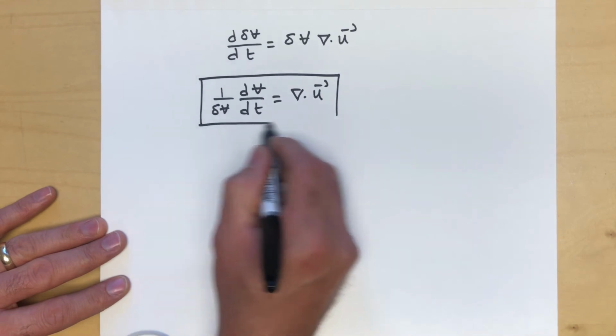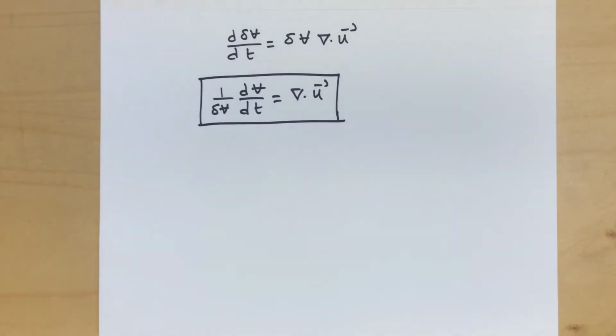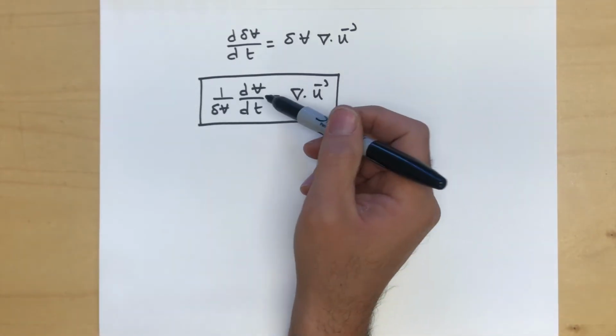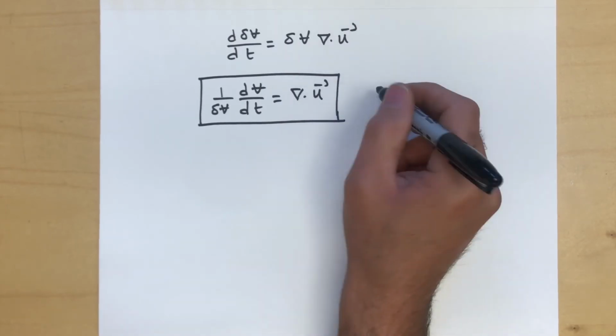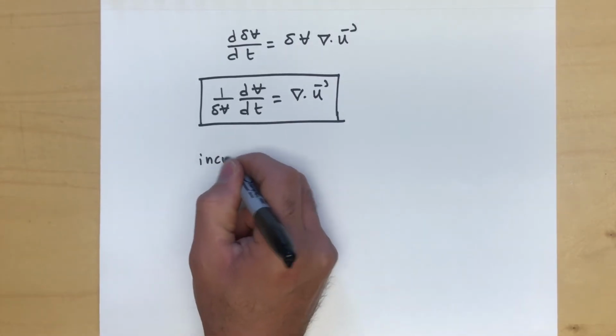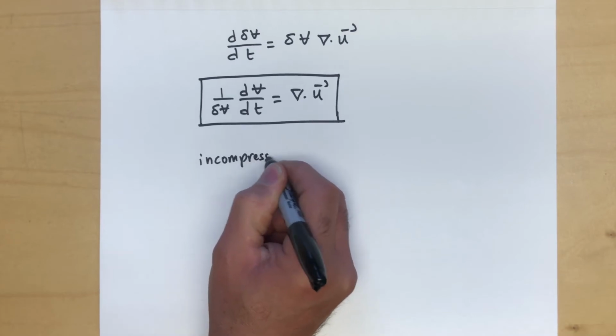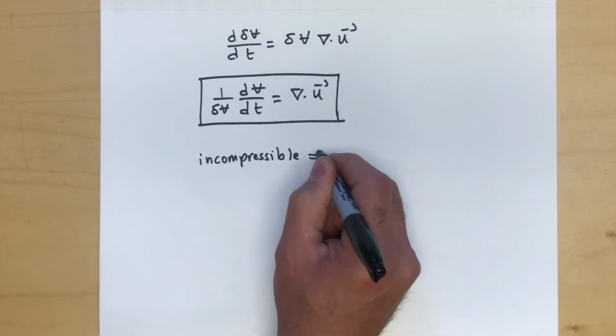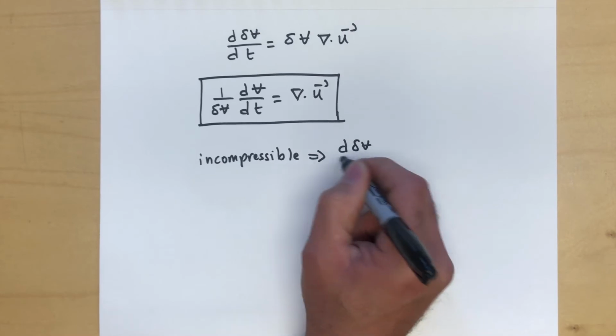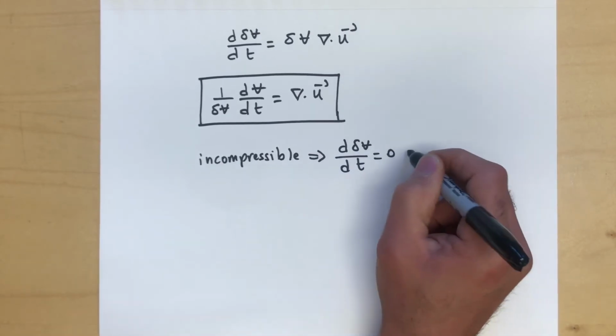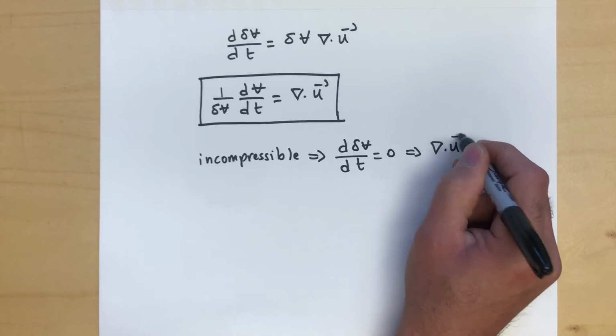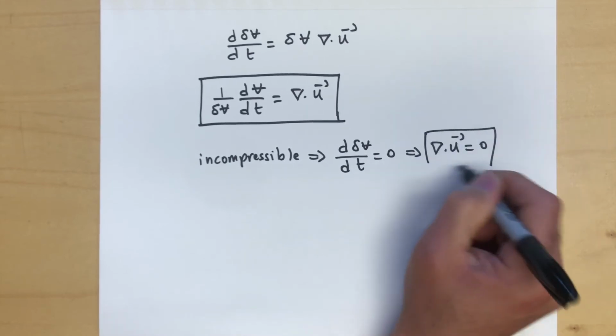Now we make the argument that is equivalent to the density argument that we made with the material derivative early on, and we say that for an incompressible flow, a material volume cannot be compressed. So therefore, incompressible necessarily implies that d delta v by dt is equal to 0, which implies that div u is equal to 0.